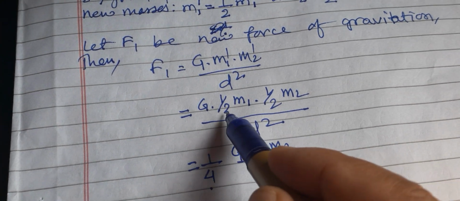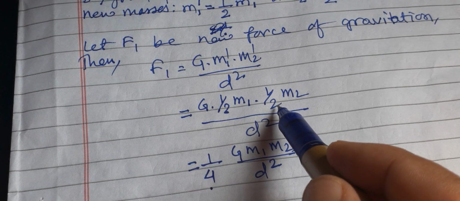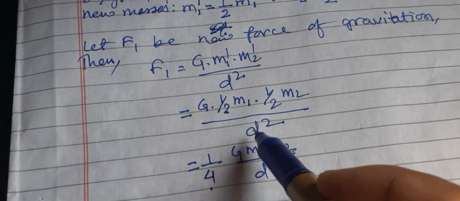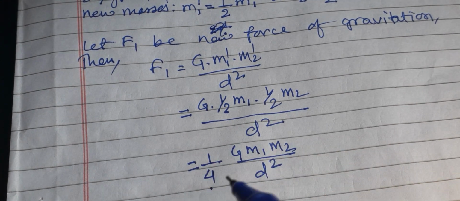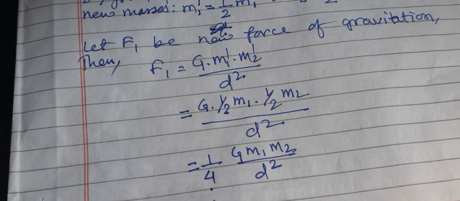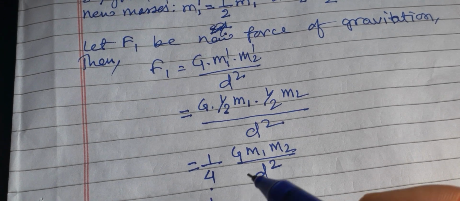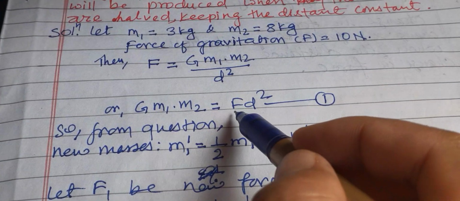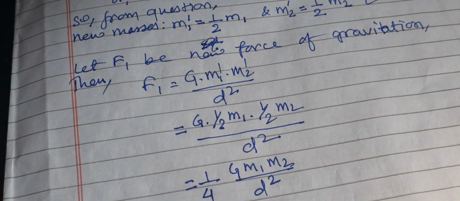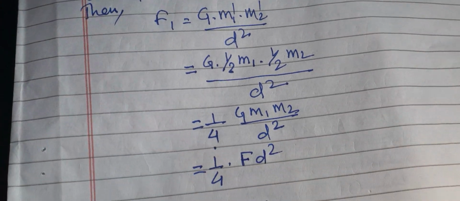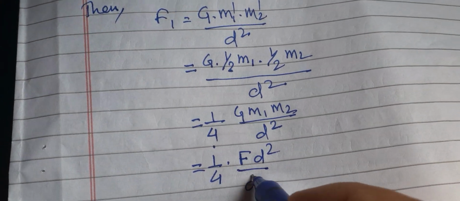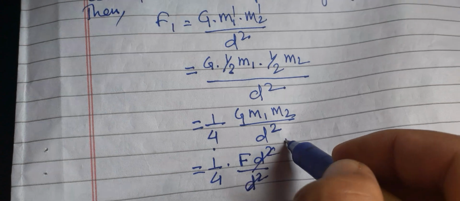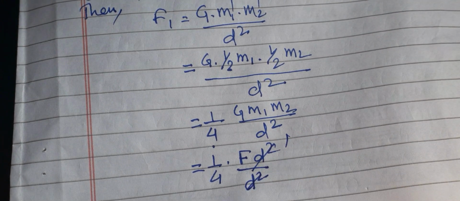Because 2 and 2 is 4 and it is in the denominator, we write it in the denominator. So it becomes 4. The value of G m1 m2 is F d square, all divided by d square. So these two quantities cancel each other.